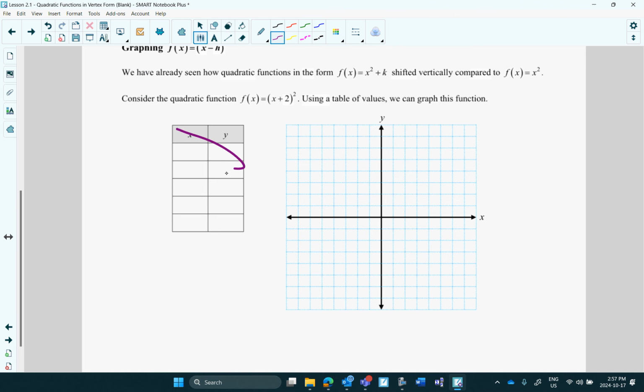So if I were to write this as subtraction, it would be x minus negative 2 squared. So the value of the number inside is actually not 2, it's negative 2. So this means y equals x squared moved 2 left.